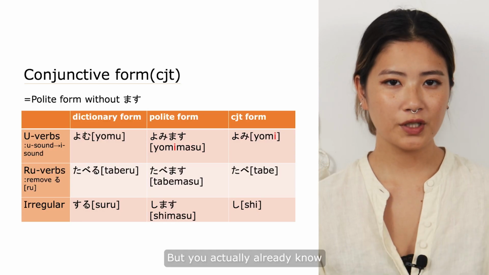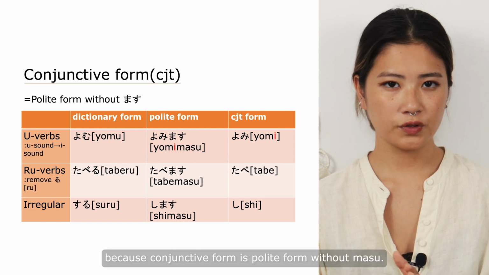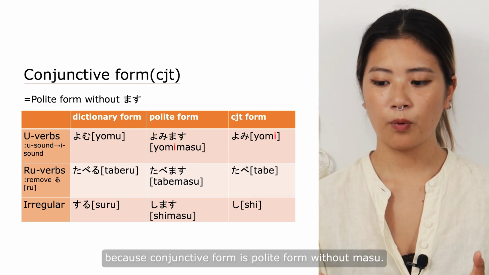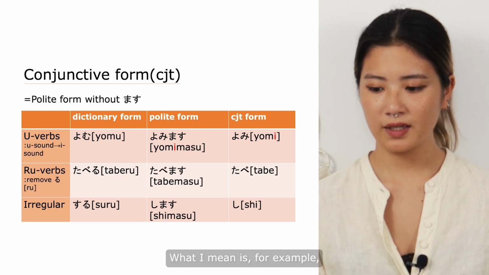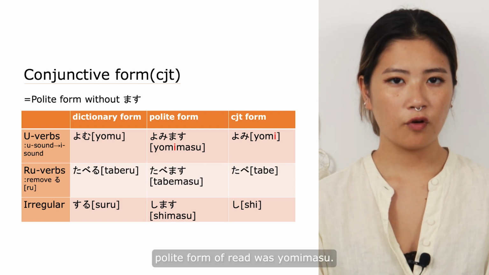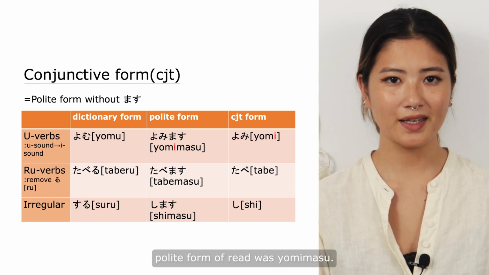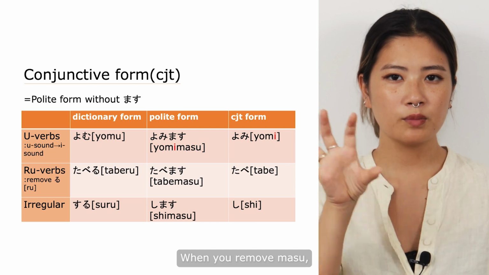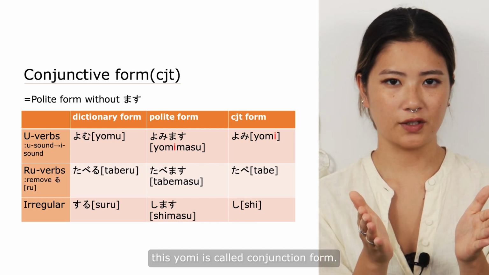You actually already know the conjunctive form of the verb, because conjunctive form is the polite form without masu. For example, the polite form of read was yomimasu, right? So when you remove masu, this yomi is called the conjunctive form.